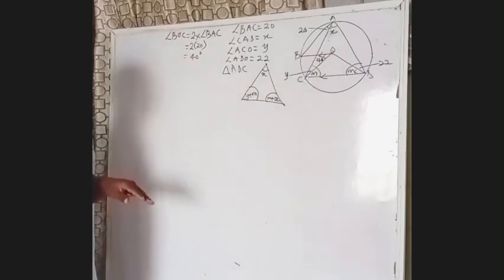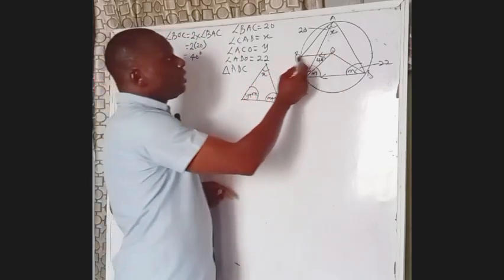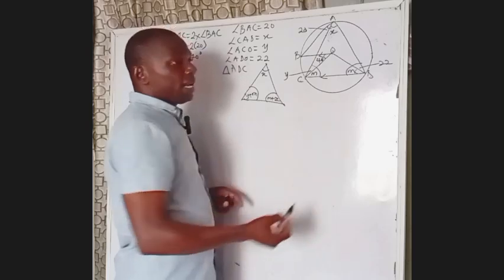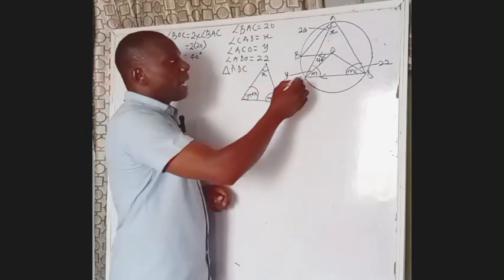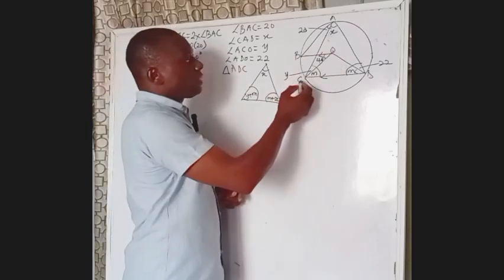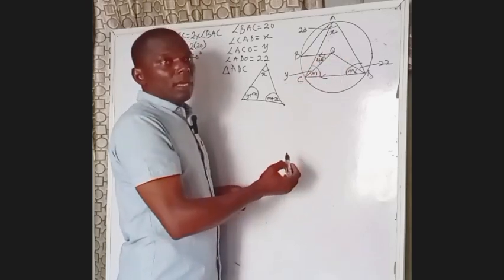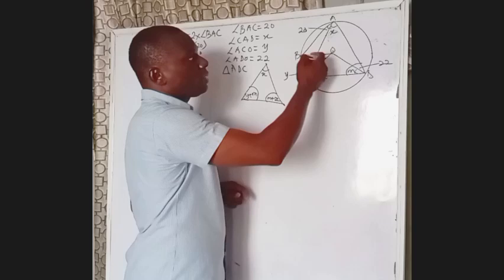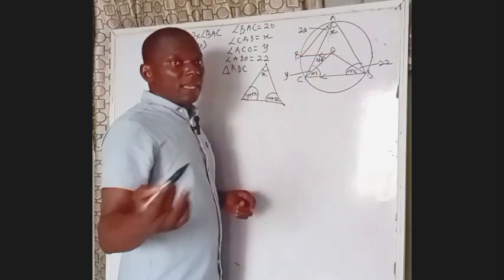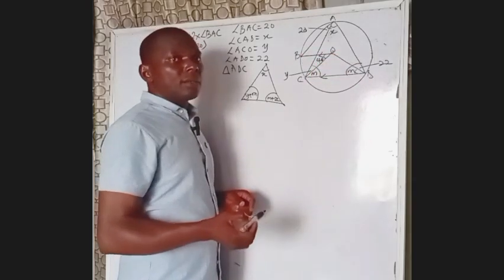Now because the lines BO and CD are parallel lines, and OC is a radius but acts like a transversal, once a transversal cuts across parallel lines, what usually occurs is alternate angles.